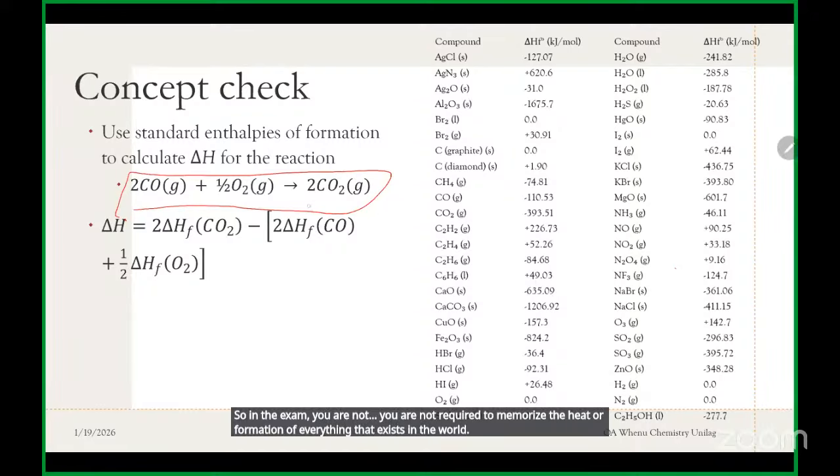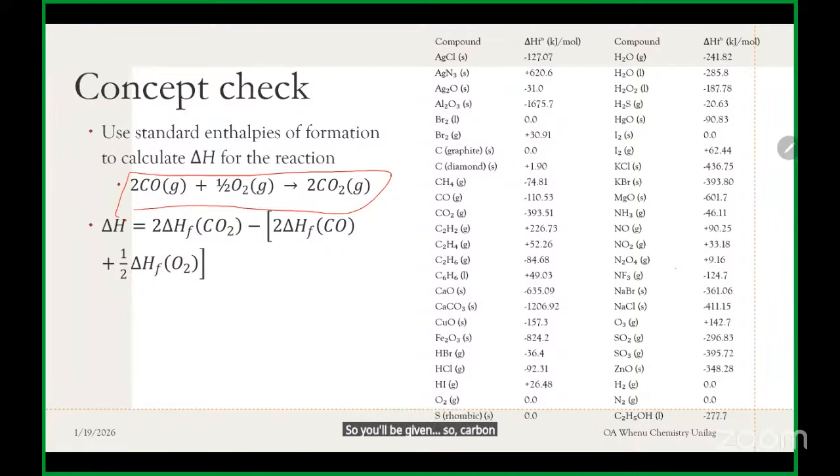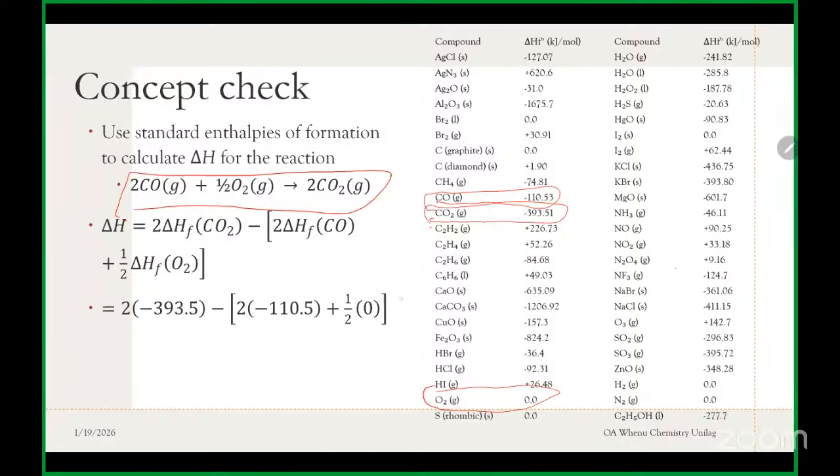So you'll be given, so carbon dioxide is somewhere, where is it? I can't find it. This is carbon dioxide. And this is carbon monoxide. And that is, where is oxygen? This is oxygen. So slot it in and we get our delta H of formation of reaction.